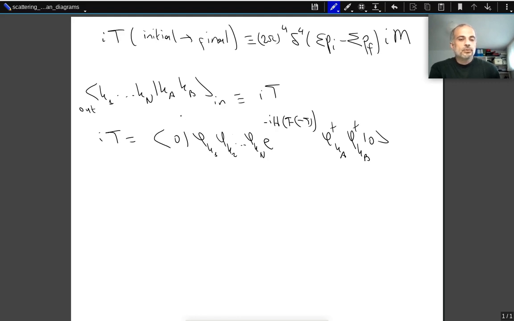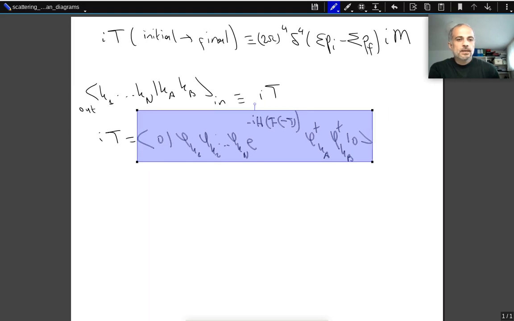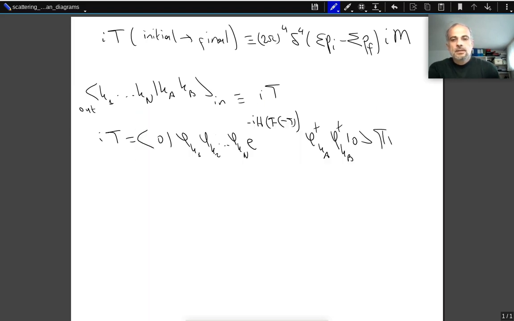And keep in mind that the normalizations of these states were such that we had this factor, and then it is multiplied by the square root of 2E_kf over all particles, and the square root of 2E_kx, where x is a or b. These are just our normalization of the states.